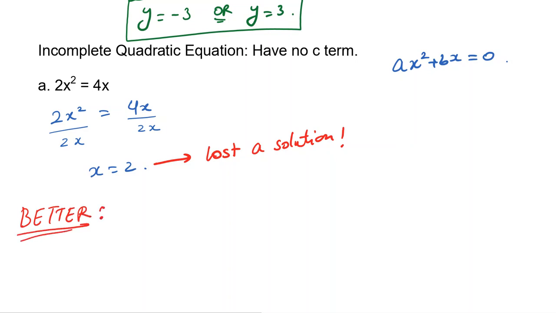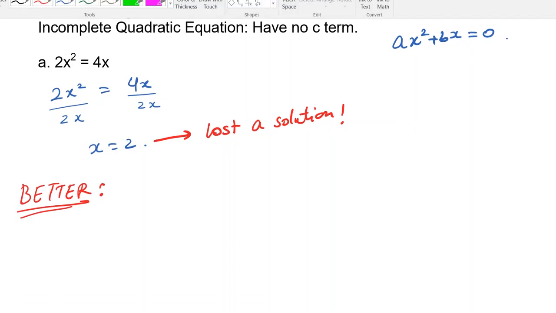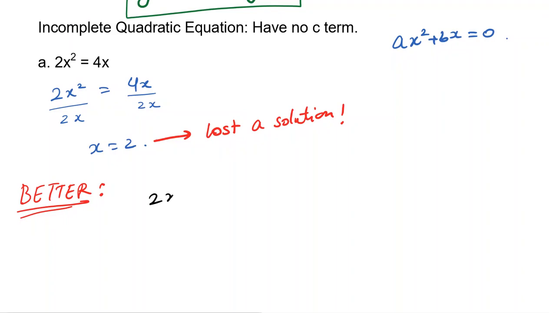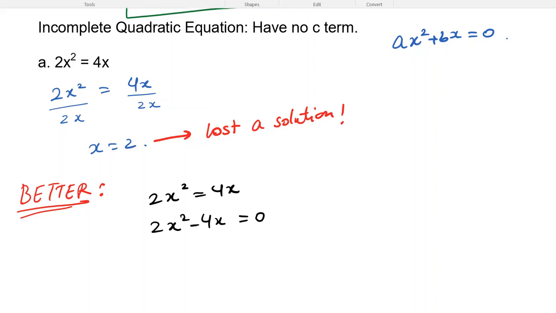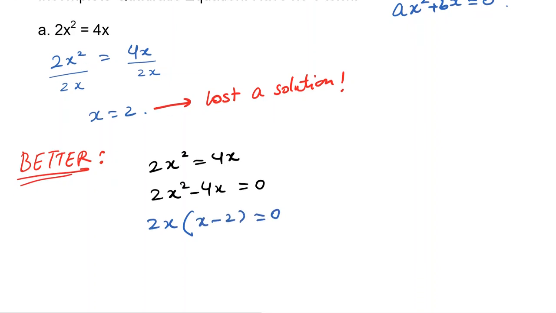The better method is you start with 2x squared equals 4x, and you write this as 2x squared minus 4x equals 0. You try to factorize it. So 2x is a common factor and we get 2x times (x minus 2) equals 0. So the product of two factors is 0.